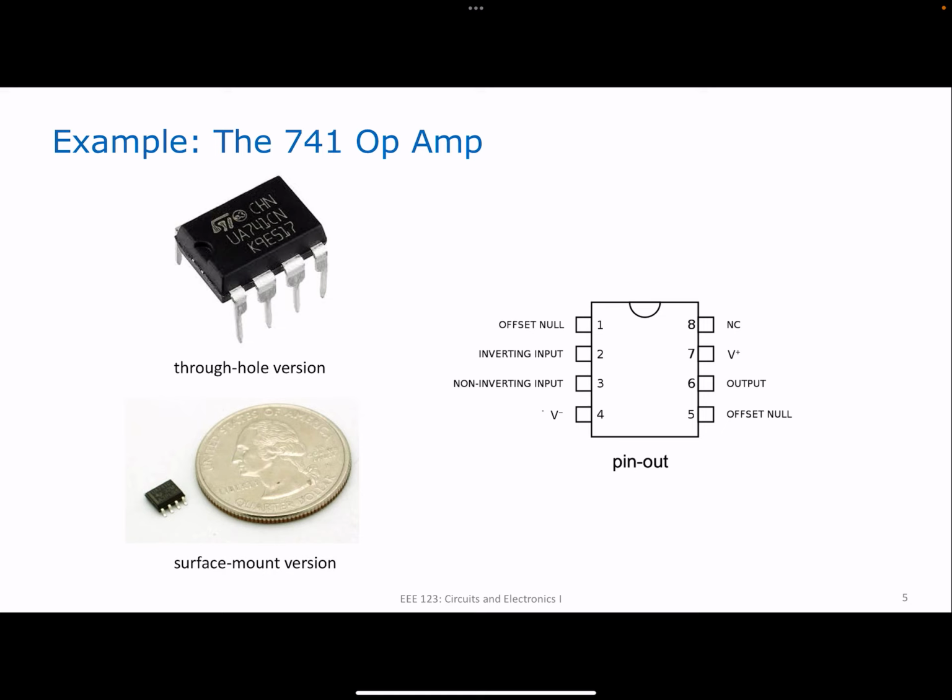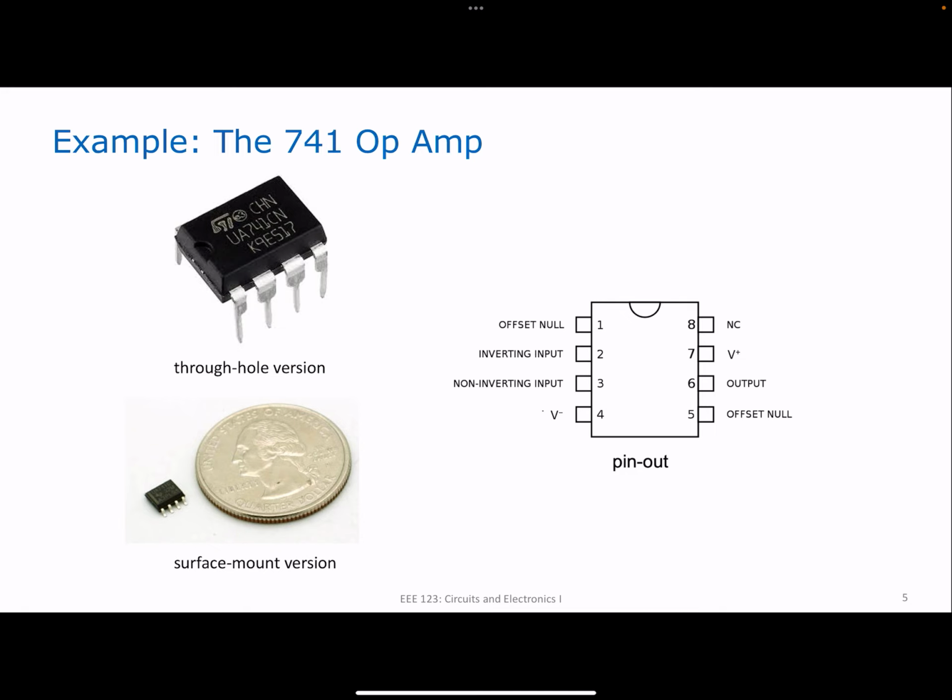This is an example of a real-world op-amp. This is the 741 op-amp. Believe it or not, this op-amp was introduced in 1968, and it is still very widely used. Maybe 20, 30 years ago, this is how it looked like.